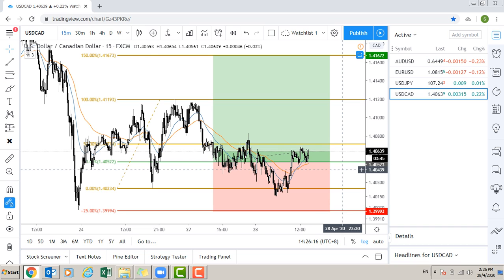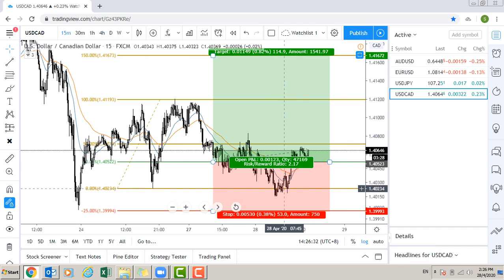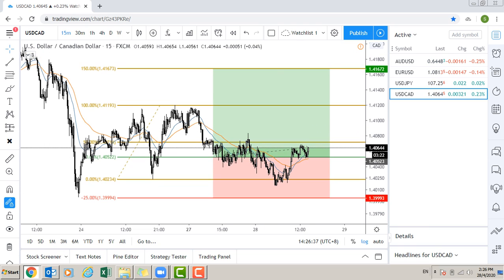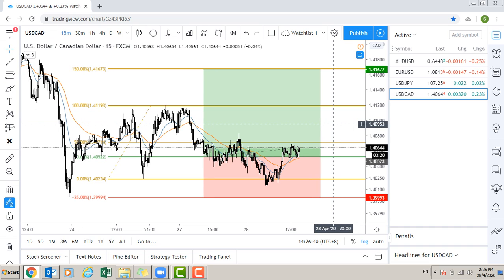When you use these strategies, you must know how to set the trade and forget it, then let the market run, to prove you are right or you are wrong. Then you can see in the last few hours the price broke out to a higher high, and it started to build an uptrend pattern. So this is what I would like to share with you.